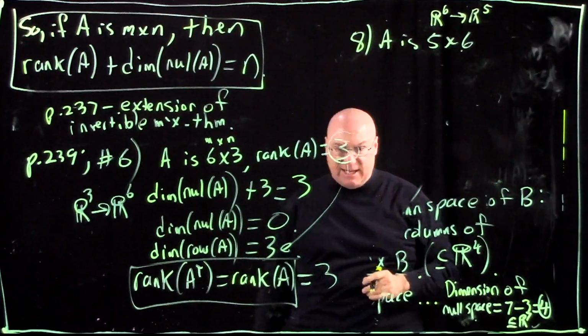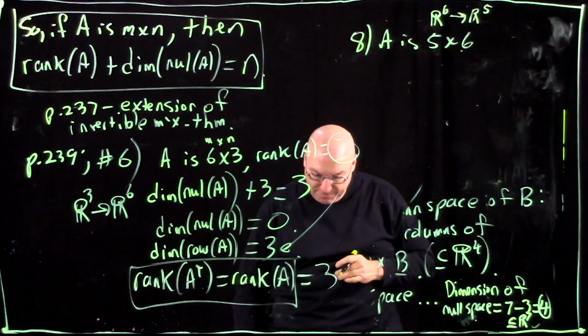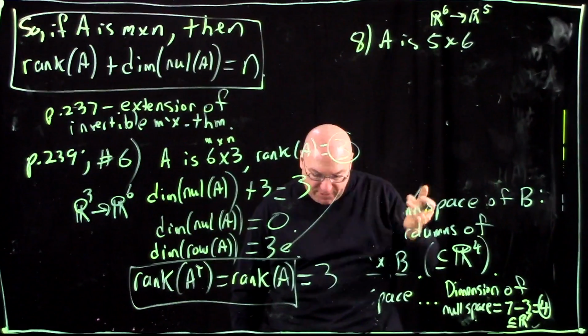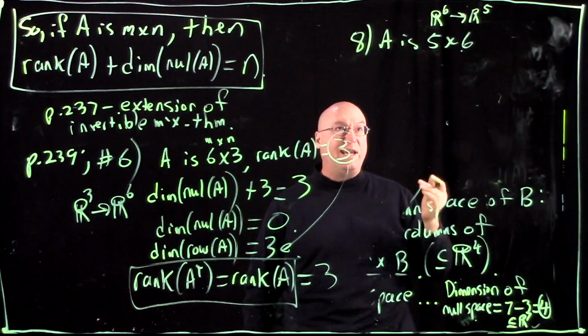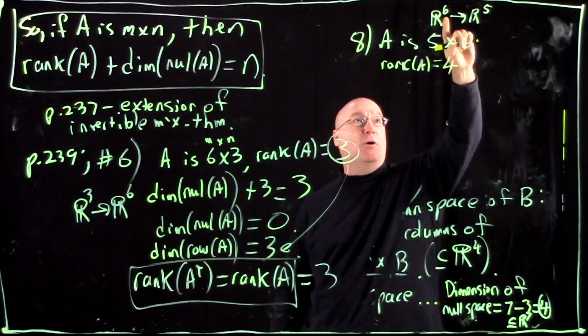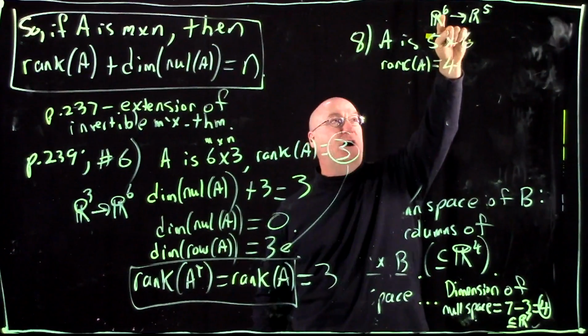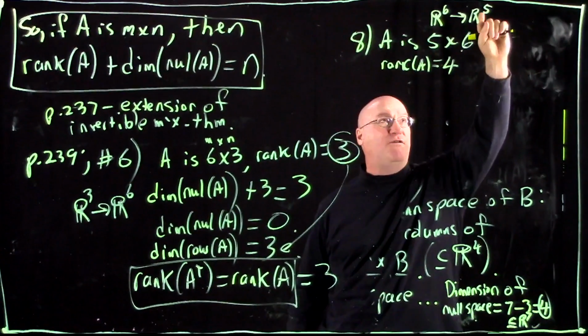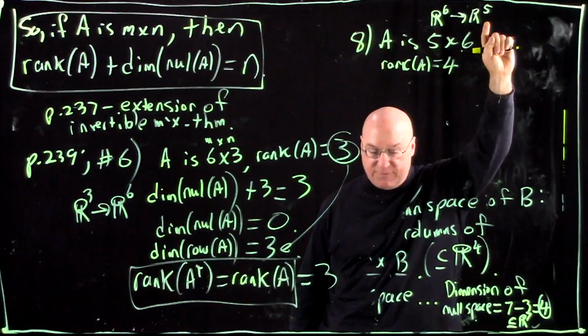Multiplication by A does that. I like to put that up there to help me think. It has 4 pivot columns, so its rank is 4. So I'm taking R6 and squishing it into a 4-dimensional subspace of R5.